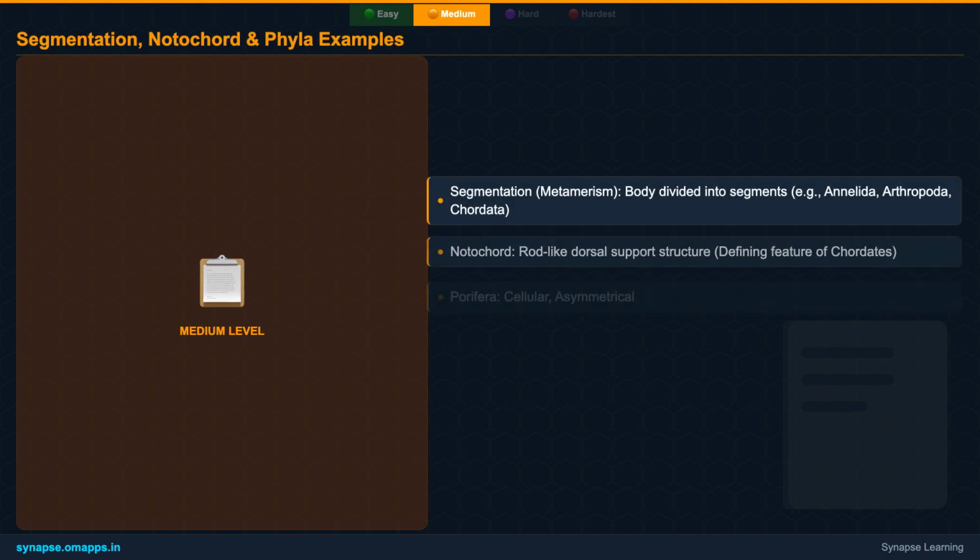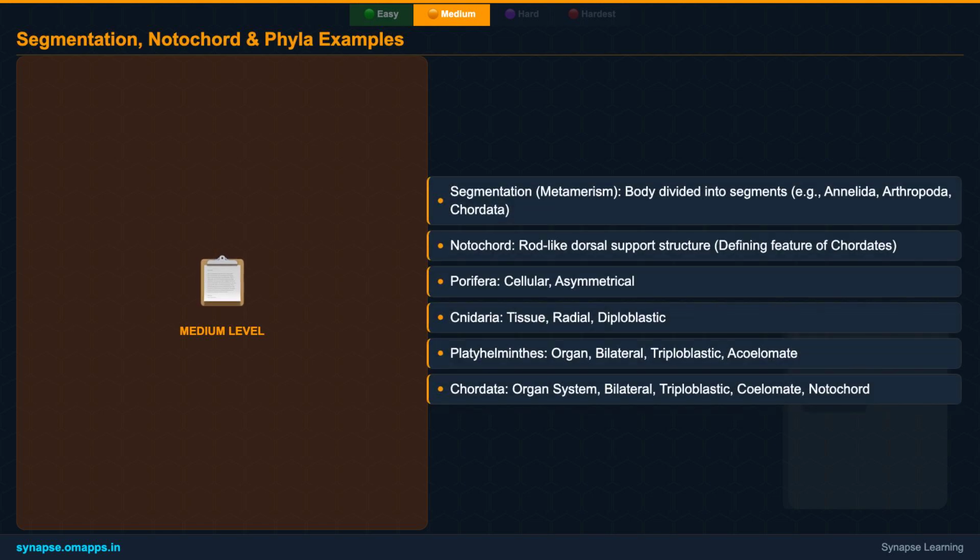Beyond germ layers and coelom, 2 other important features are segmentation and the notochord. Segmentation, or metamerism, involves the body being divided into repeated segments, externally and/or internally. This allows for specialization of body regions and efficient movement, as seen in annelids, arthropods, and chordates.